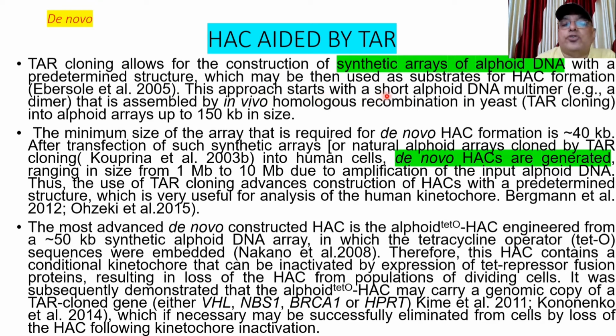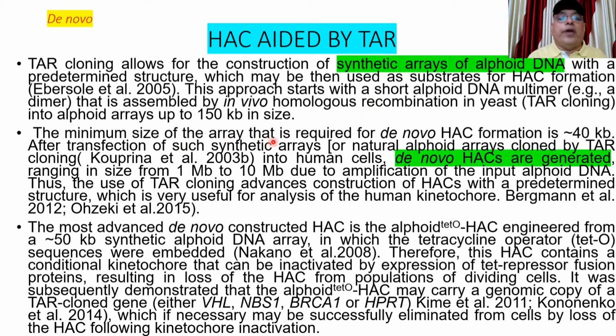This approach starts with a short alphoid multimer, which is assembled by in vivo homologous recombination in yeast. As we have seen, the desired stretch of DNA is transferred into yeast by the TAR capture vector, and the homologous transformation will lead to the introduction of that alphoid satellite DNA.